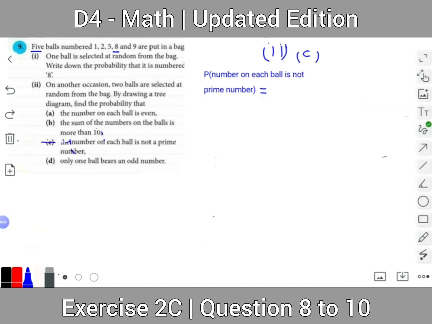Now in part C, we have to find the probability that the number on each ball is not a prime number.